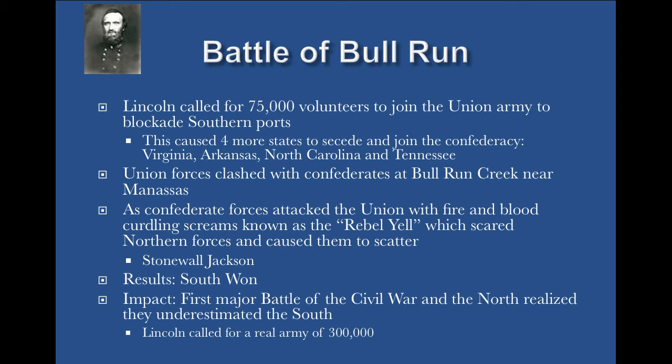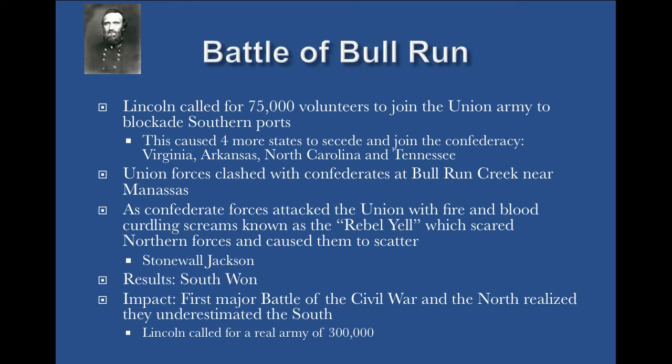This battle is very famous. It's where the famous Southern general Stonewall Jackson gets his namesake, and that's a picture of him right here. The Union and Confederate forces clashed at Bull Run Creek near a town called Manassas.